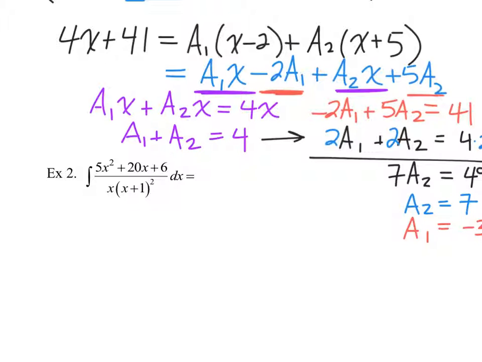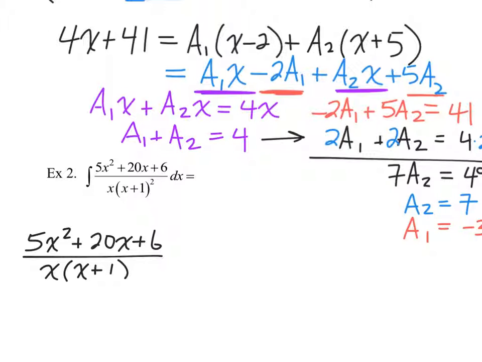You have a quadratic on the top, and it's already written in factored form on the bottom, which is good news, right? But we do have to look at the individual factors. So we're going to rewrite. We're going to focus on one factor at a time. We have a linear factor.